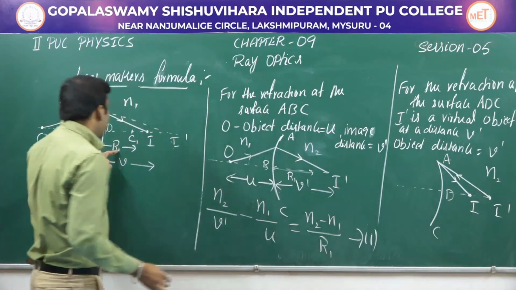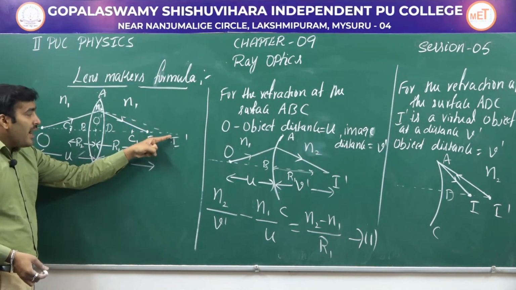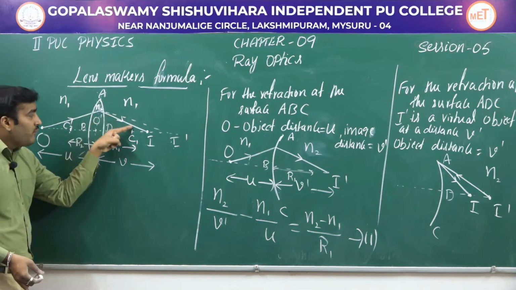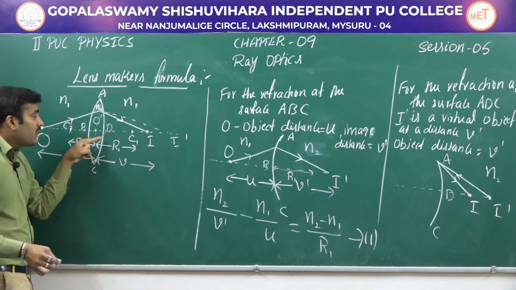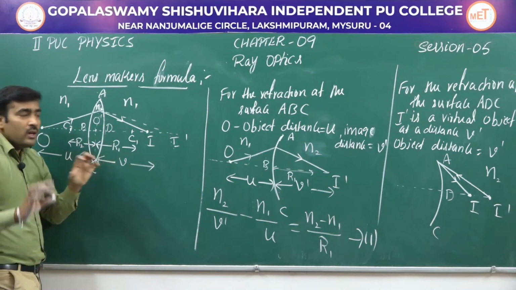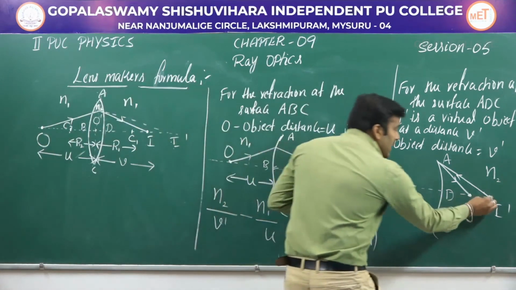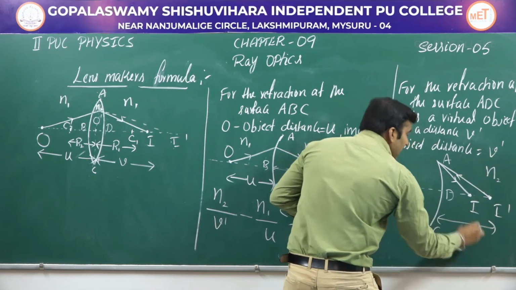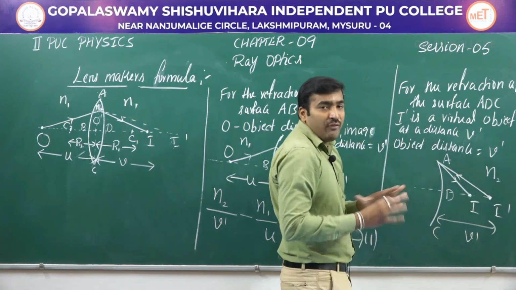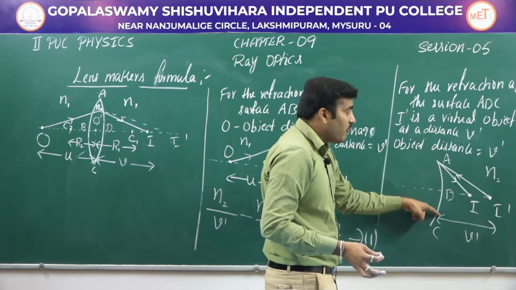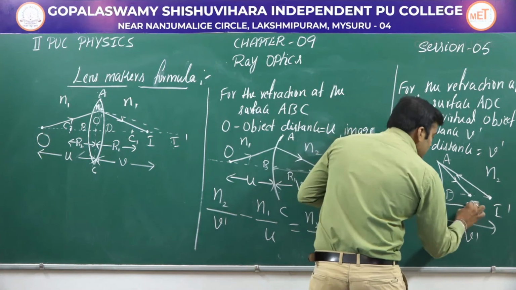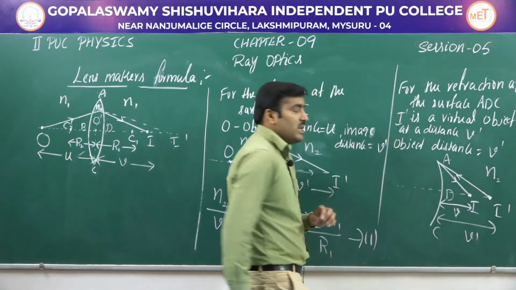When the refraction takes place at the surface ADC, it forms a final image I at a distance V. So I dash is at the object distance V dash, and I is the position of the final image formed because of refraction through both surfaces, at distance V.